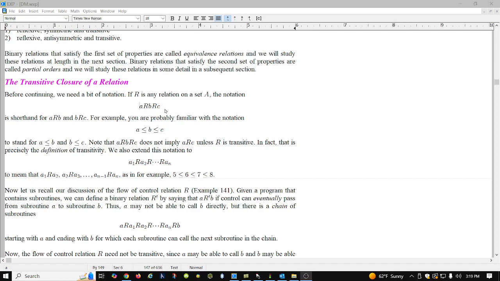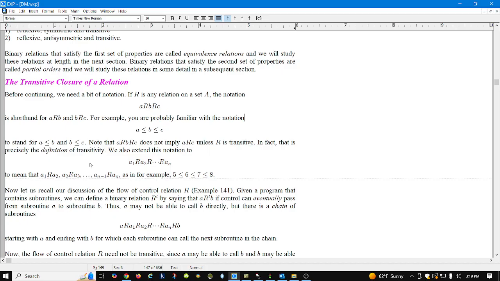So you've seen this type of notation before. This one, A less than or equal to B less than or equal to C, is shorthand for A less than or equal to B and B less than or equal to C.